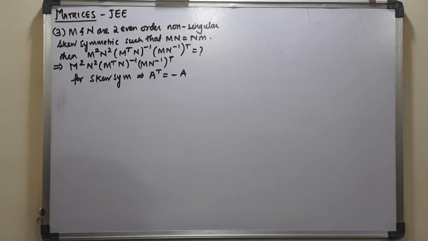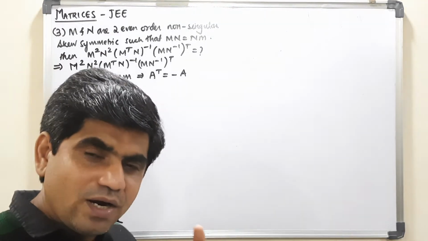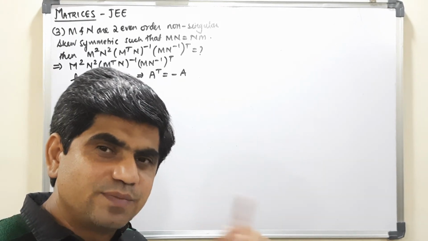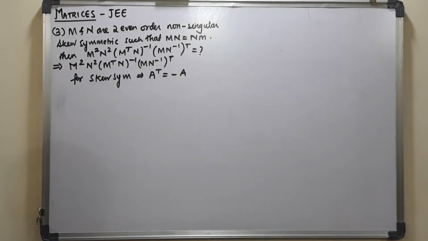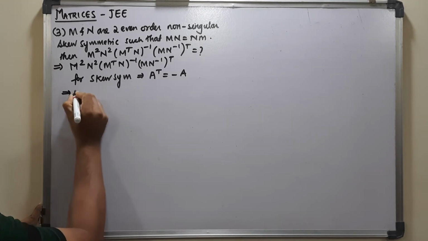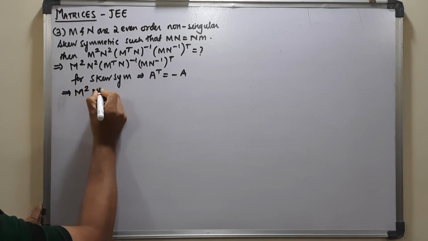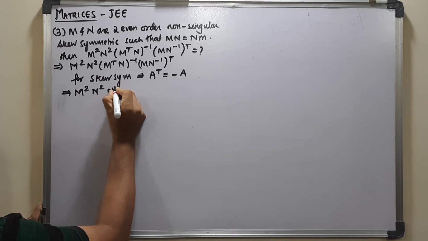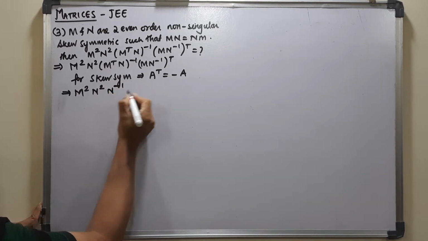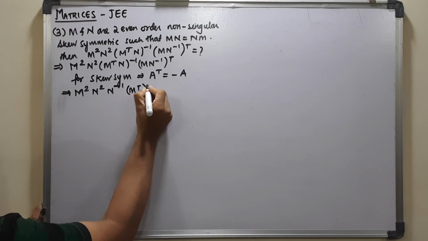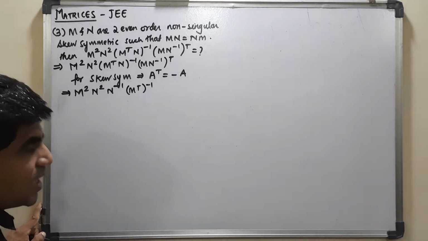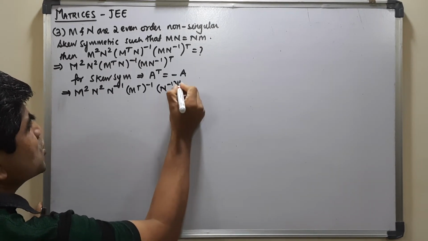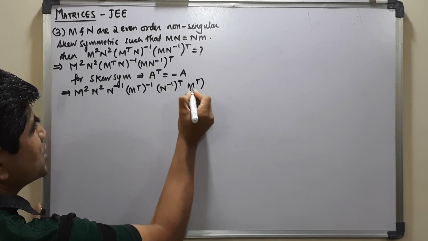That says the product AB, when you multiply matrix A to B, is the same as matrix B to A. It is a rare condition. Here we have M square, N square, and the inverse of AB is B inverse into A inverse, and the same for transpose, it is B transpose into A transpose.